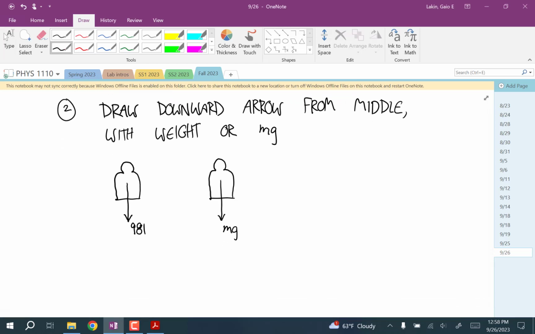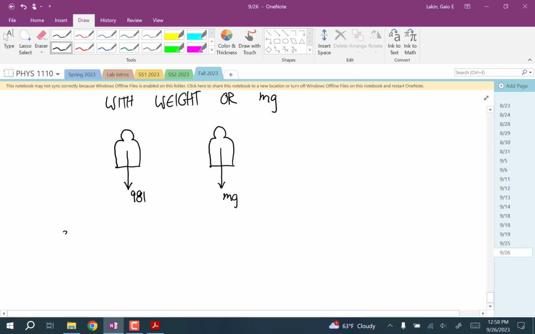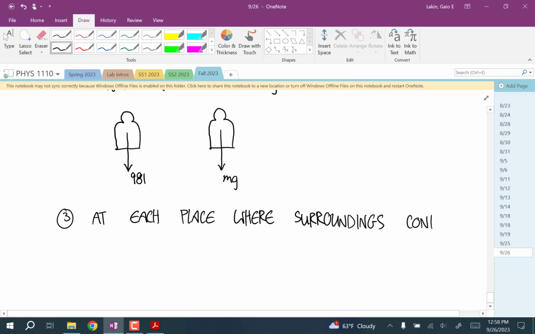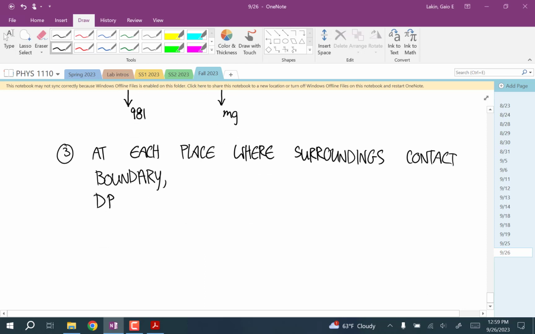And then the third thing, the thing that we can't really do yet, and we're going to spend the next couple classes getting so we can do this, is at each place where the surroundings make contact with the boundary, draw an arrow in the direction of the contact force.